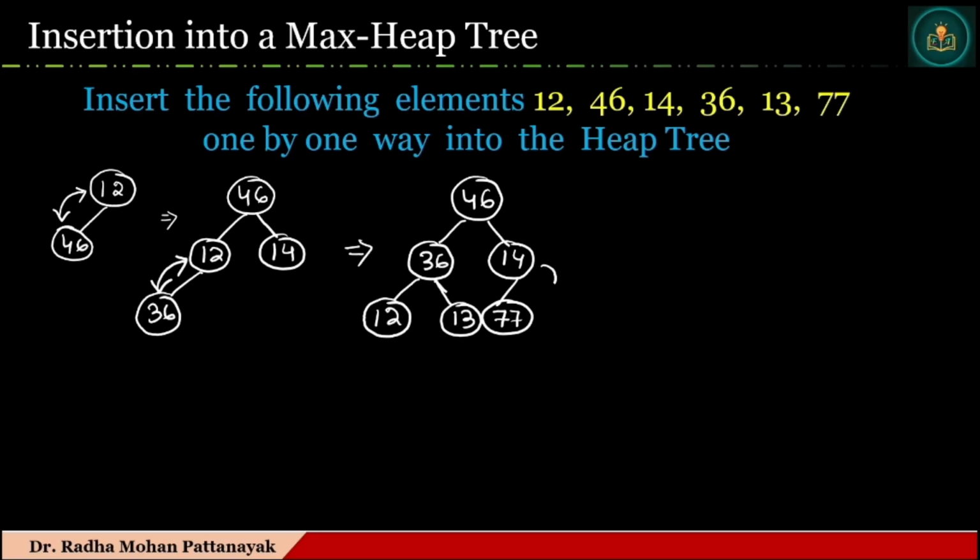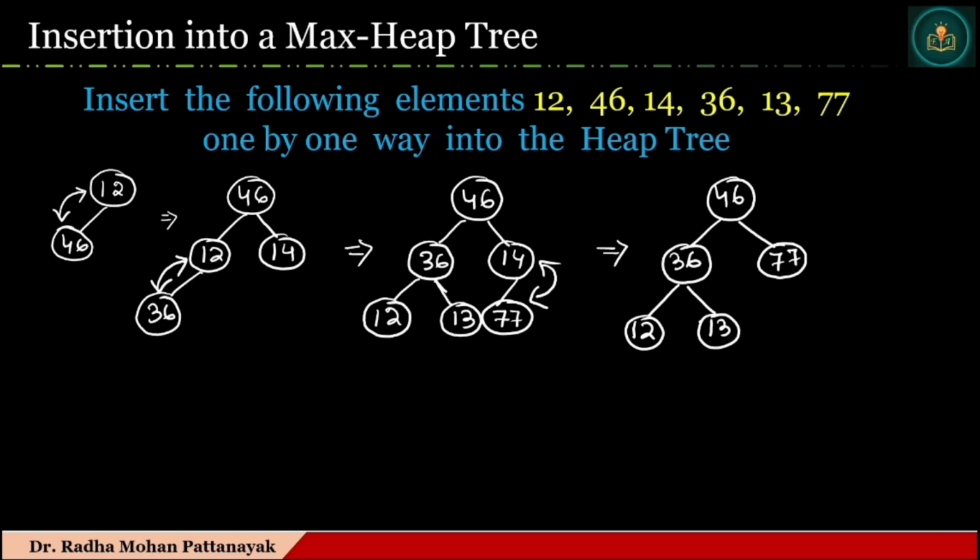We need to make a swap between 77 and 14. After swapping, we will get the tree as 46, then 36 as left child, then 77 will move to the right. That's why 77 will become the right child of 46. Then next, 36's left is 12, then 36's right is 13.